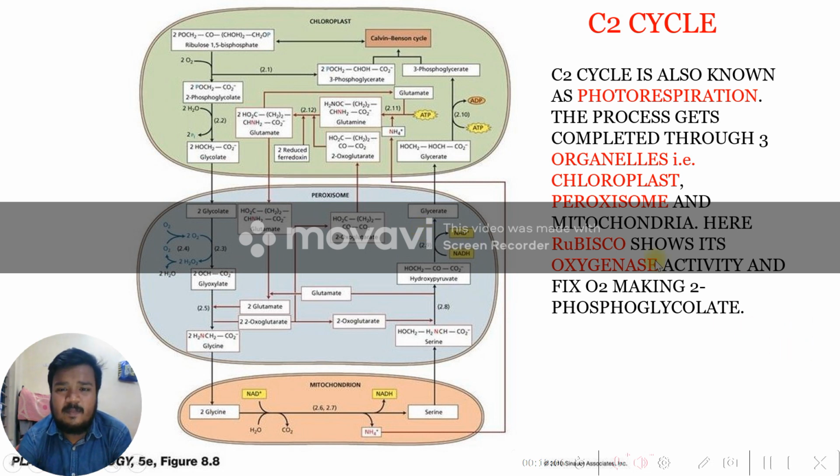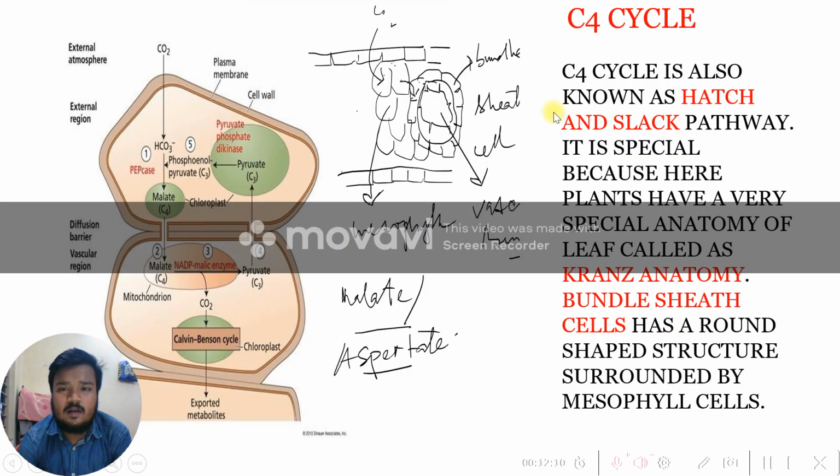That's why they have developed a very special mechanism called the C4 cycle, in which the plants change their anatomical structure, the leaf anatomy, called the Kranz anatomy, in which bundle sheath cells are in a ring-shaped manner, surrounded by the mesophyll cells.